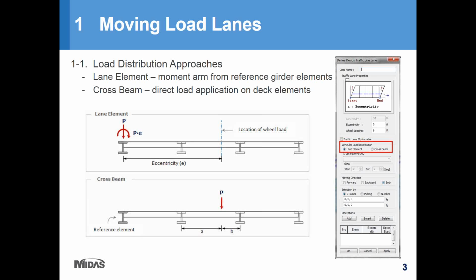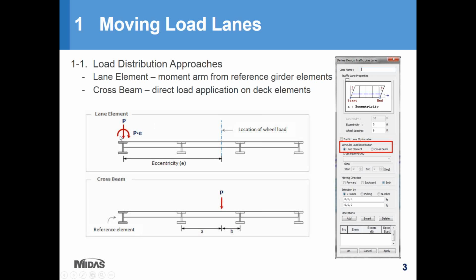When the lane element is selected on the right, the reference girder elements for load lanes will be the origin of the moment arm, and the resulting moments and shear will be directly applied to the reference elements.